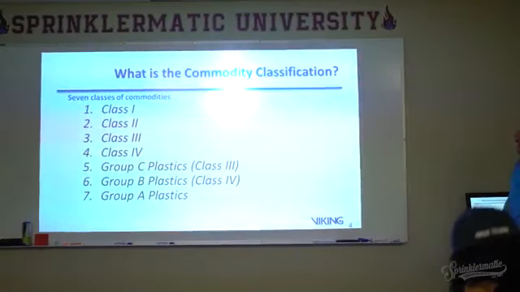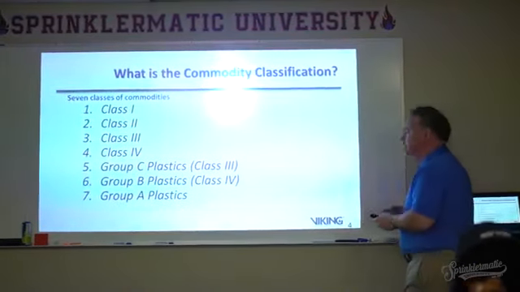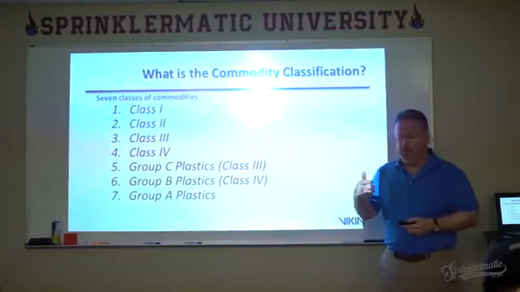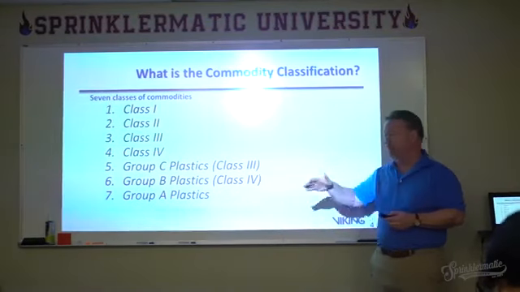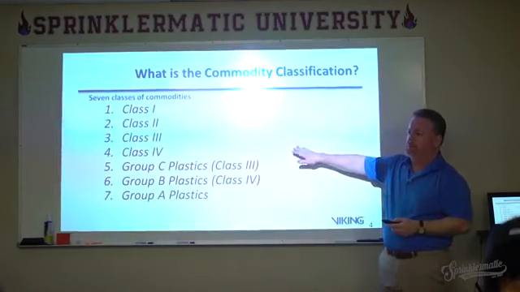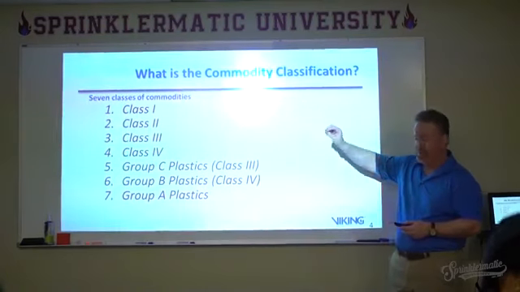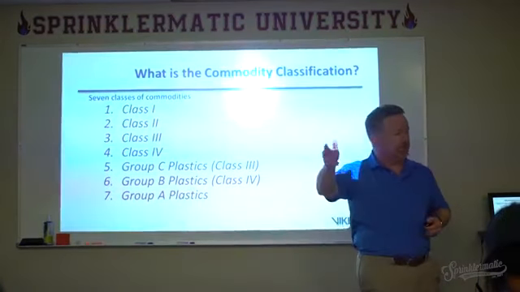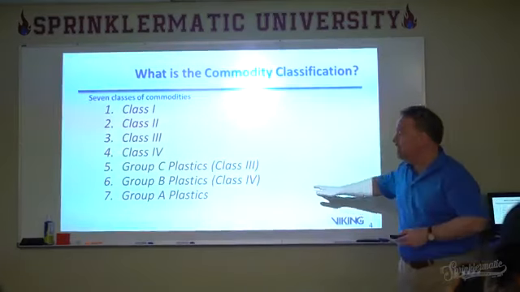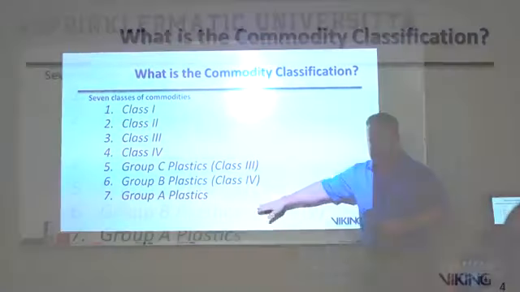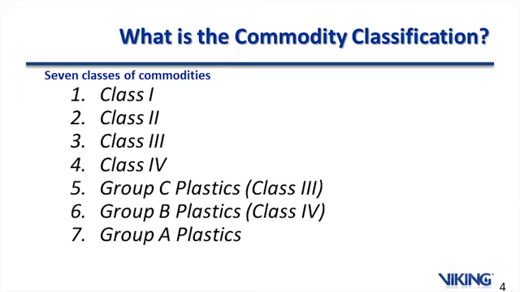So when it comes to commodity classification, similar to the five types of occupancy hazards, when we had light hazard, ordinary group 1 and 2, extra hazard group 1 and 2, you have 7 groups, or 7 commodity classifications.